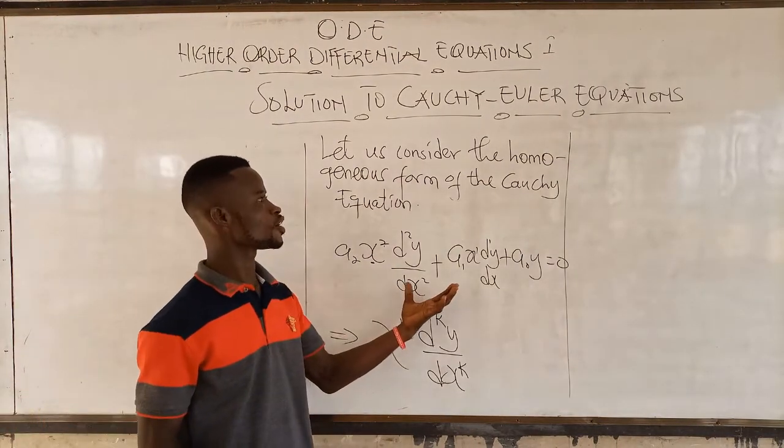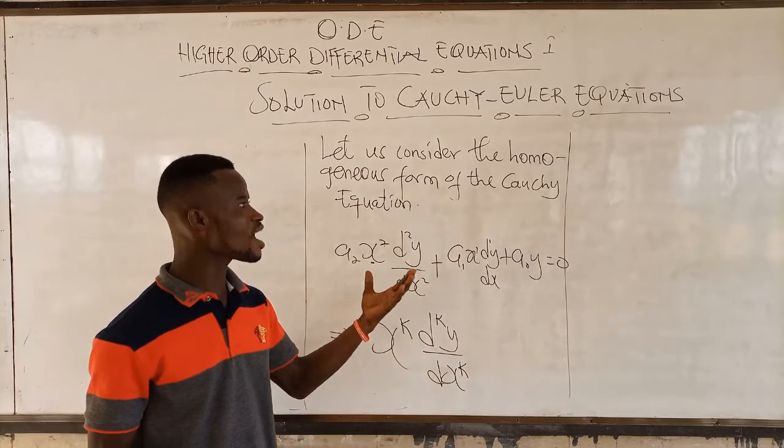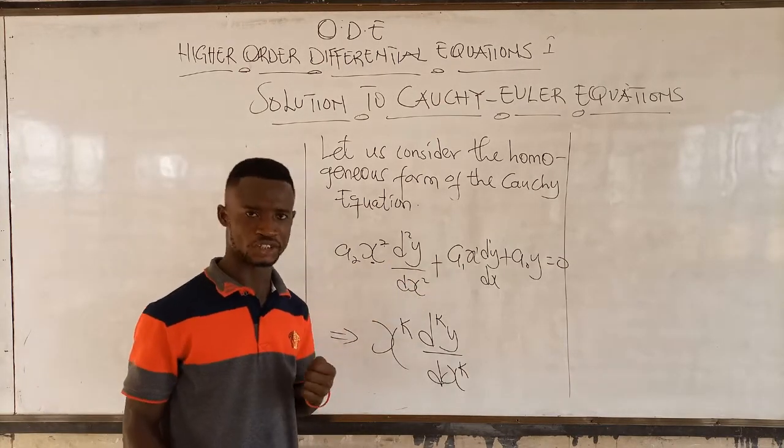So, this is a second order Cauchy-Euler equation.